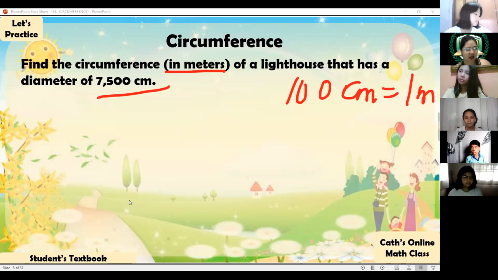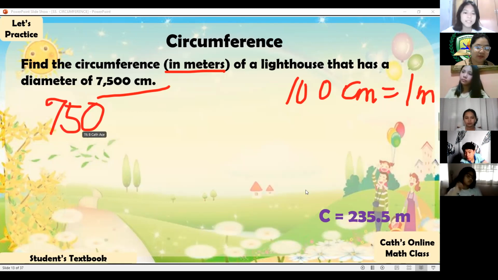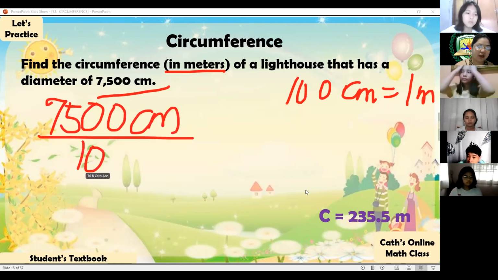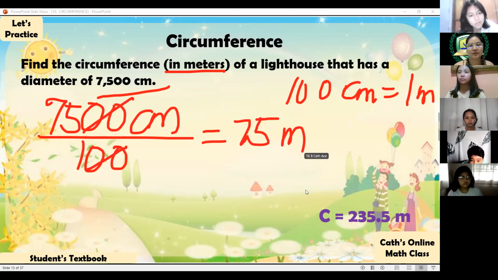Okay, so what is our answer? 235.5. Why? Because, ma'am, we first converted 7,500 divided by 100 cm. Divided by 100 is 75. So it is 75 meters.